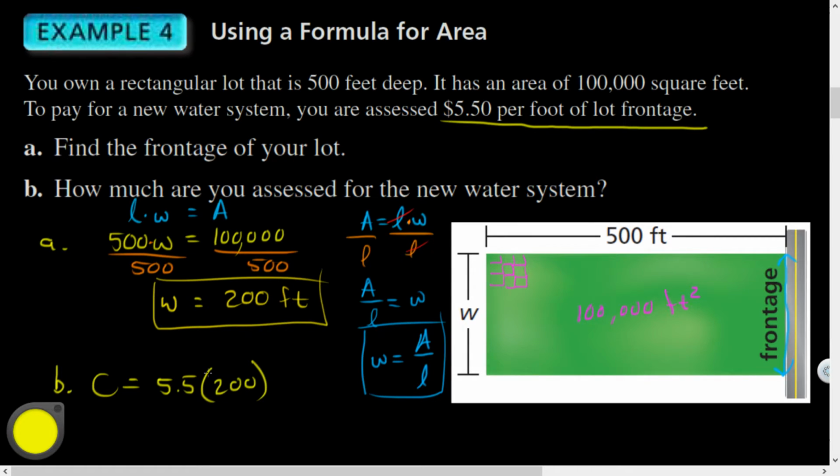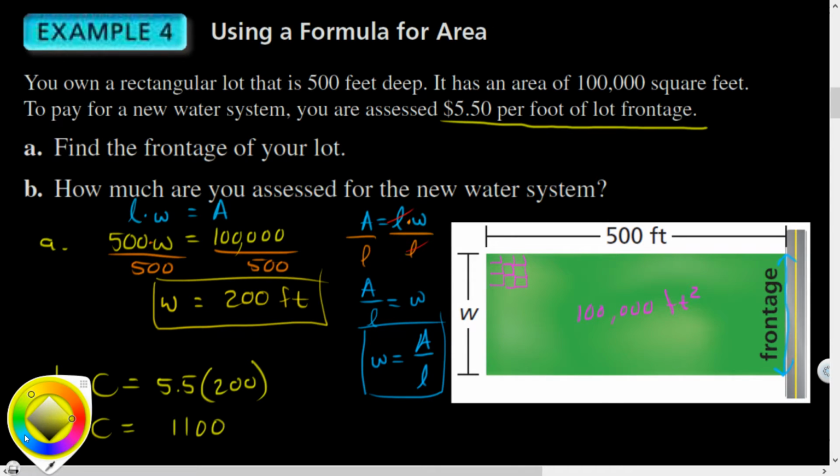I was just, instead of writing a dot for multiplication, that's how I did it. So 5.5 times 200 is 1100. What do you think that's going to be measured in?